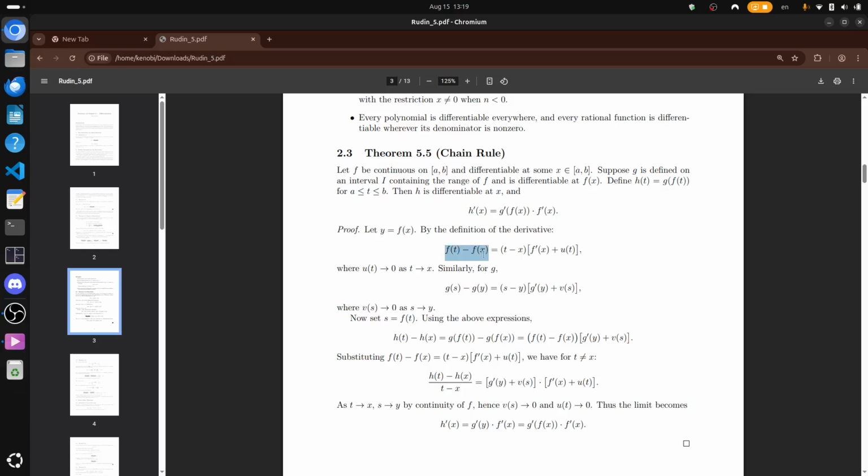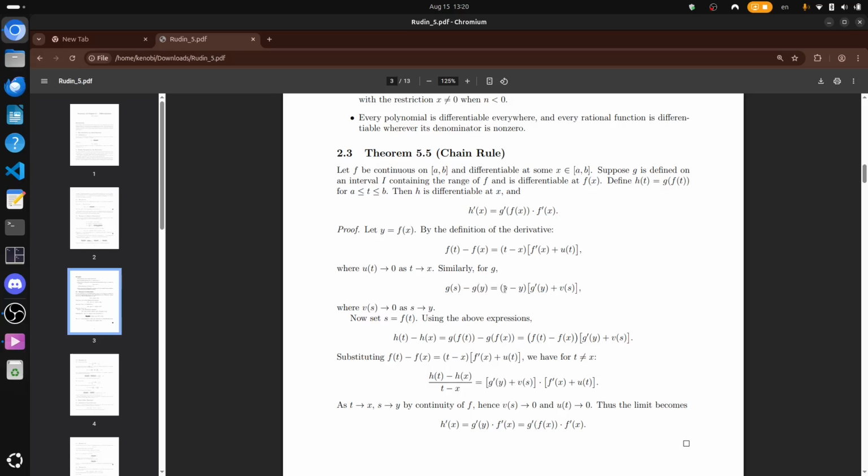You're going to get f of t minus f of x over t minus x. And this thing, as t approaches x, becomes a derivative. But it isn't necessarily approaching that thing, so it's going to give the derivative plus another thing that we don't really know. So we're going to add it just in case, right? Same thing for here.